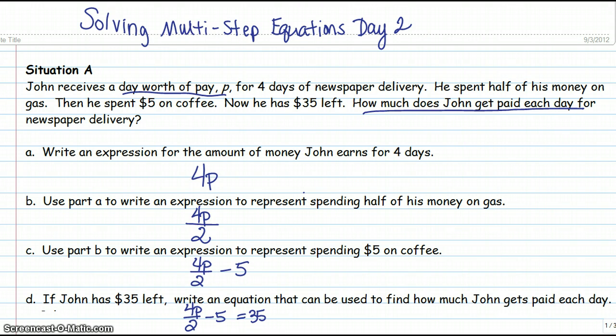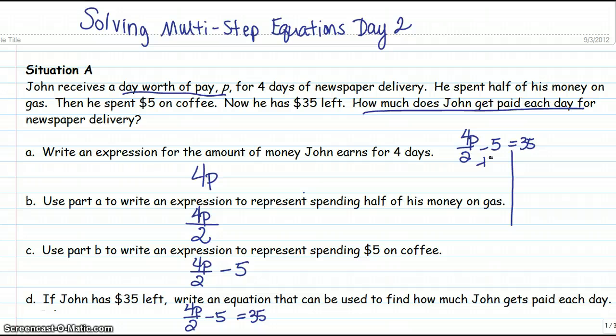I'm going to do this work on the side. 4P divided by 2 minus 5 equals 35. So first thing I need to do is to move the number that is not attached to the P using inverse operations.